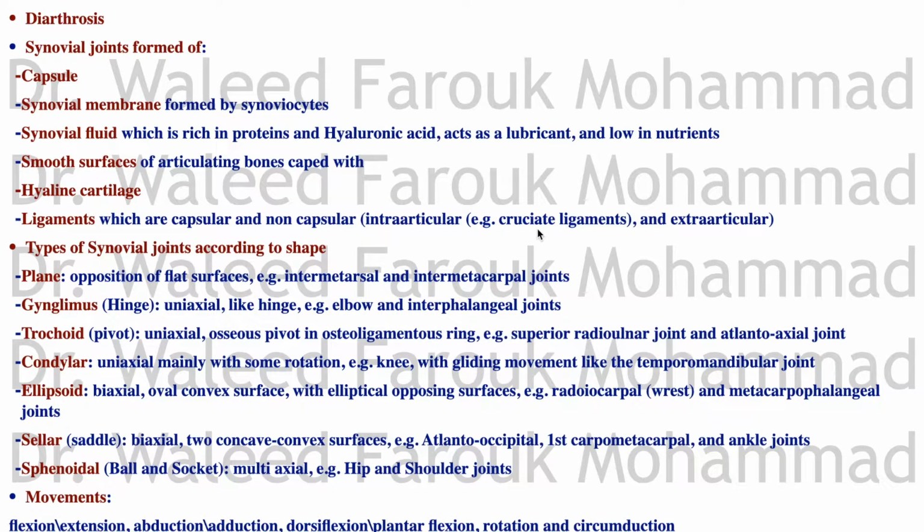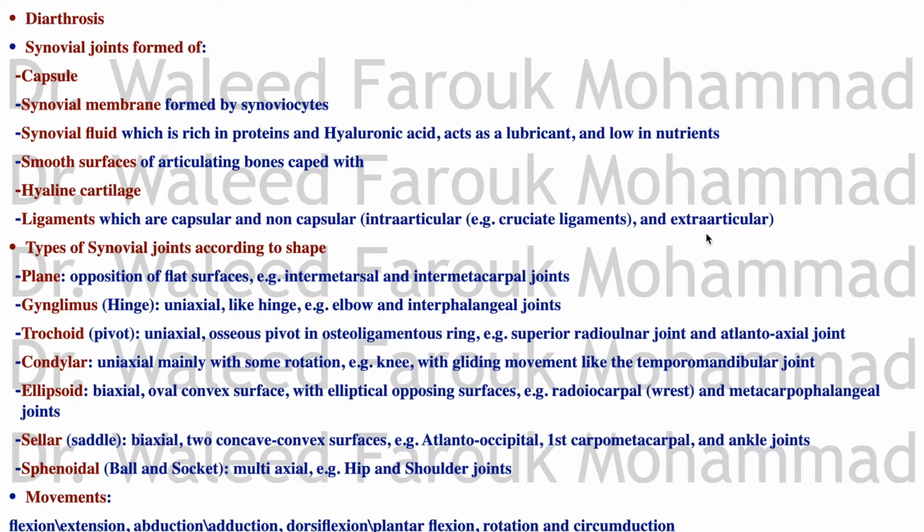For example, the cruciate ligaments of the knee are intra-articular, meaning inside the cavity of the knee joint, but they are not inside the synovial cavity of the joint itself. That's why the synovial membrane folds around them to separate them from the cavity.